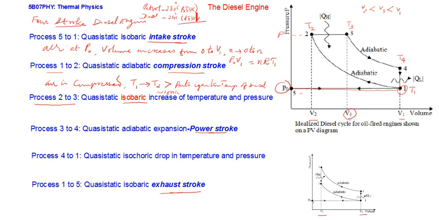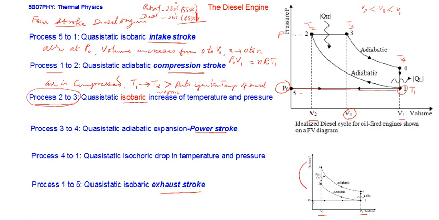Then let's come to the process 2 to 3. This process distinguishes the working of a diesel engine from that of a petrol engine. In the case of a petrol engine, as I mentioned earlier, 2 to 3 was an isochoric process, because it was initiated by a spark and the combustion happened so rapidly.